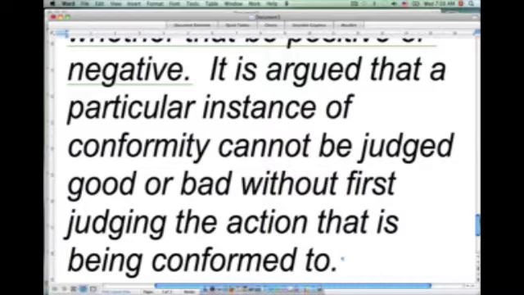Now we would have to think about two examples of conformity, and if we're going to agree and disagree, then our supporting paragraphs, one would agree and give an example of something positive that comes from conformity, and then the second would be perhaps a situation where something negative came from conforming individuals.